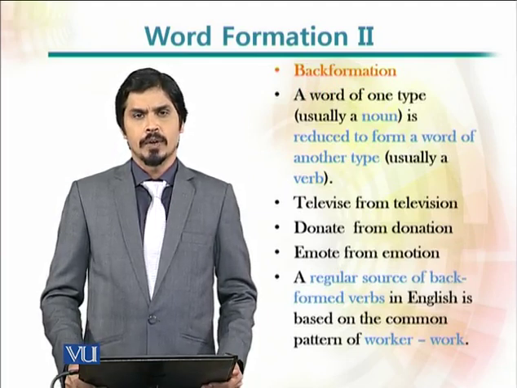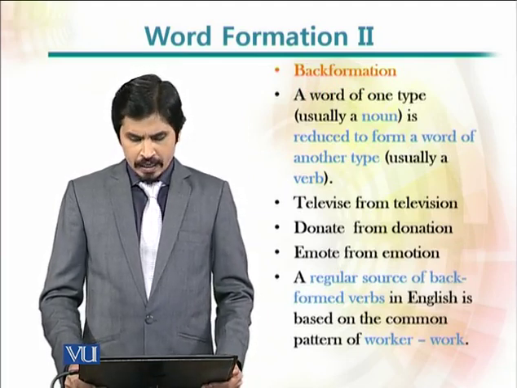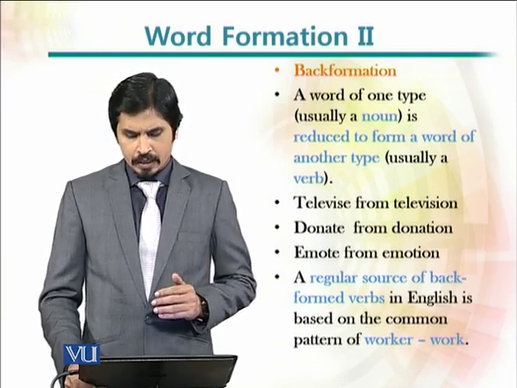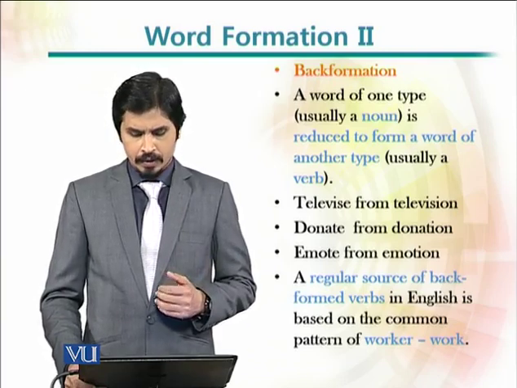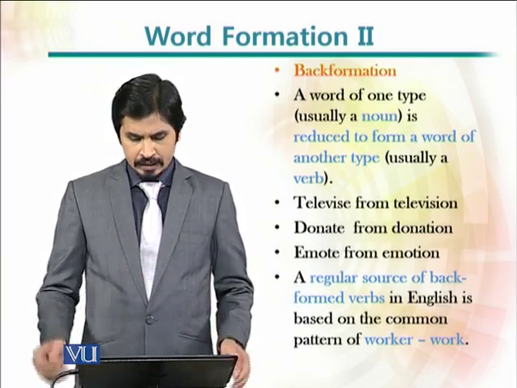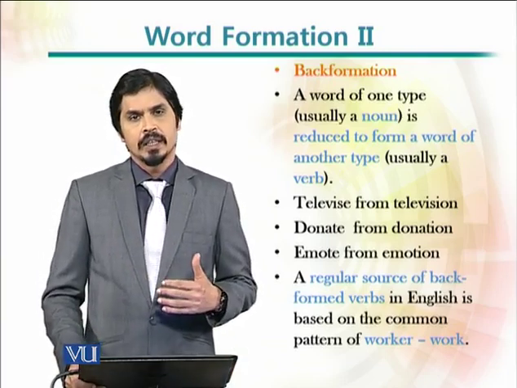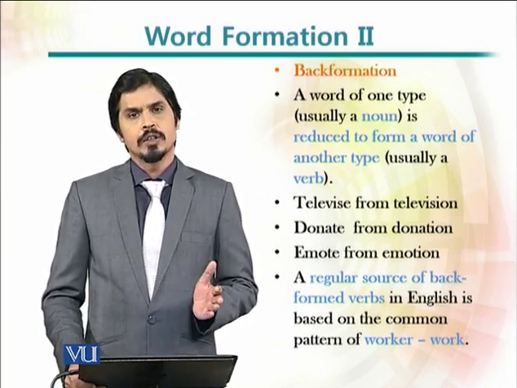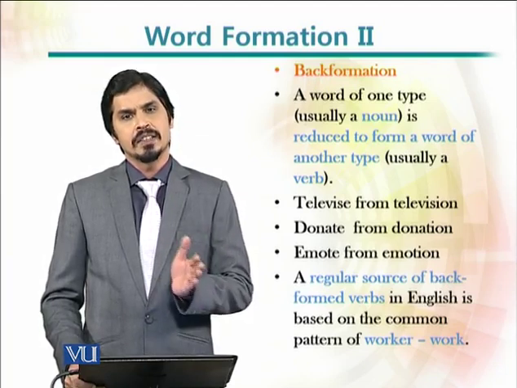Backformation is another form of word formation. It is based on reducing a form of a word of another type. How it works is that we usually reduce one form of a word in order to produce another type of word.